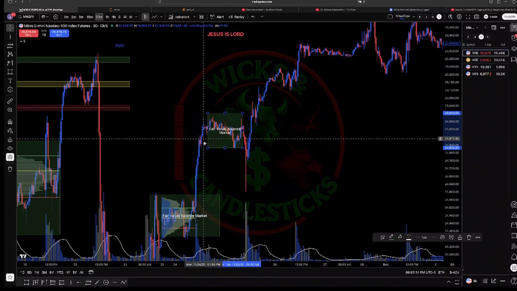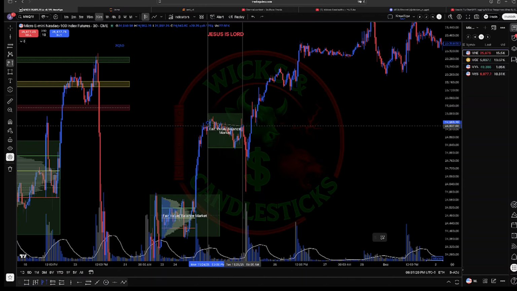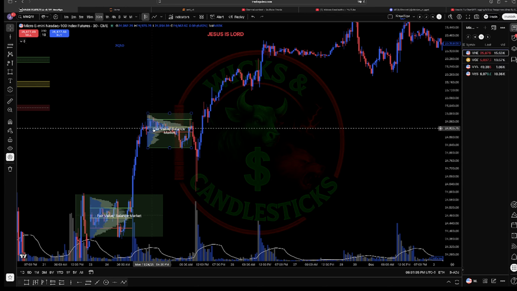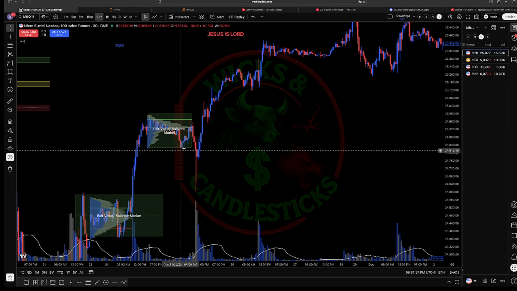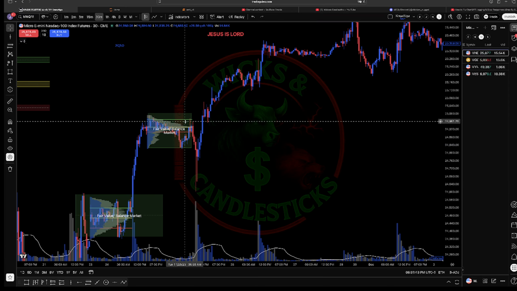Price has accepted here. If I draw a fixed range profile from here to there, and let's say I was waiting to get into a trade, price came, this is the balance area, it left here, it came back up, and what did it do?